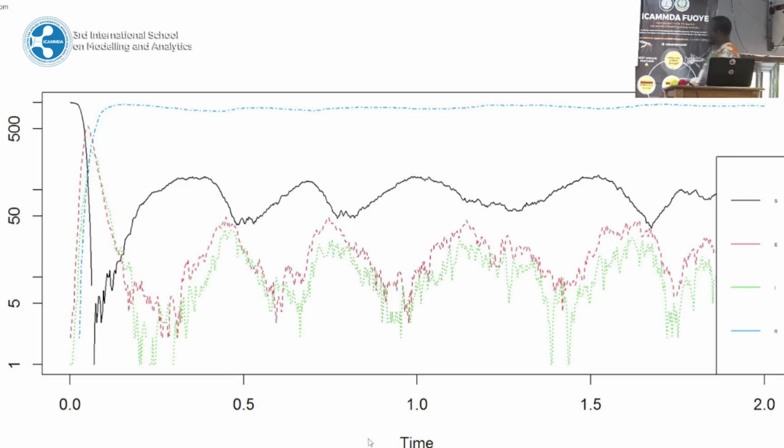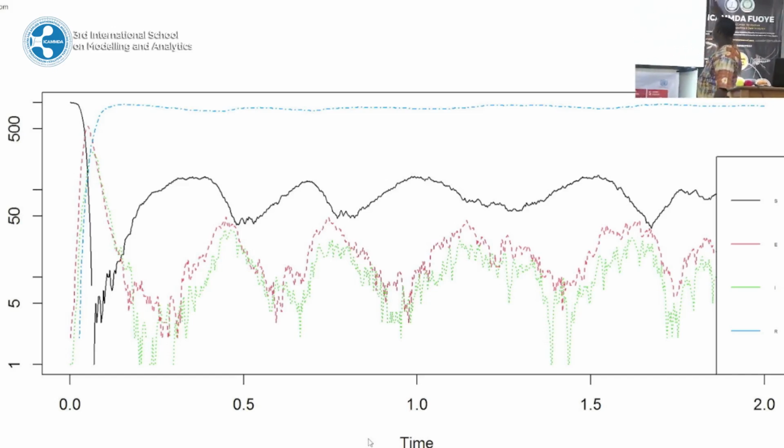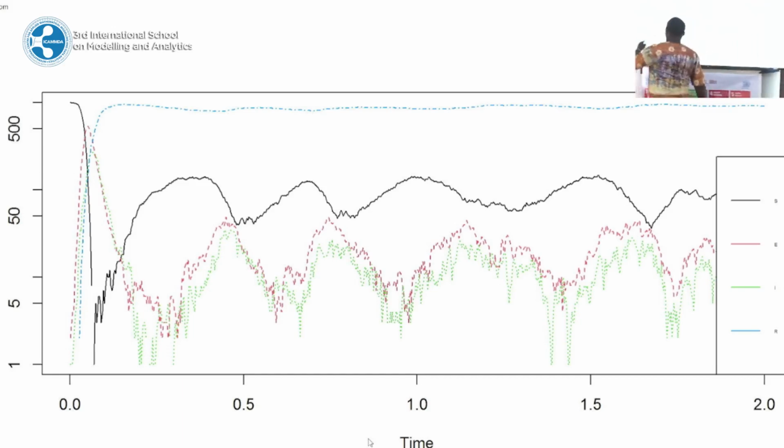At a certain time, the population of people who are recovered went up and then maintained a kind of steady state, but a wave-like one. The population of exposed were increasing and then started dropping. That's a trough. This is a peak, and then it maintains a kind of unpredictable behavior.